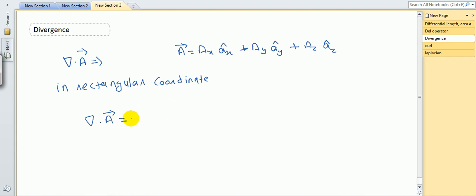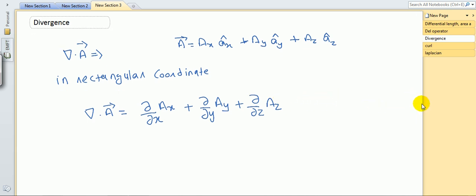If I do the dot product with the del operator, it will be del by del x of the x component plus del by del y of the y component plus del by del z of the z component. This is divergence in the rectangular coordinate system.